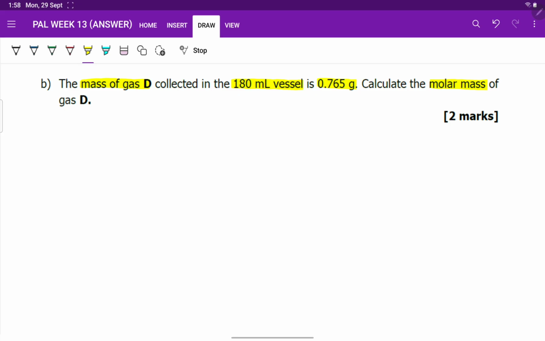So to answer this question, you can straight away use the molar mass equation that is derived from the ideal gas equation. Alright, so this is our equation. So molar mass of gas D, so m is for the mass, R is our universal gas constant, T temperature, P pressure, and then V volume. So mass will be the mass of gas D here.